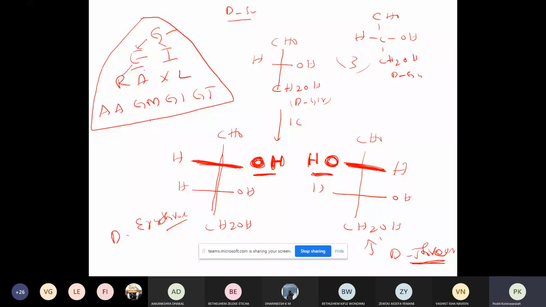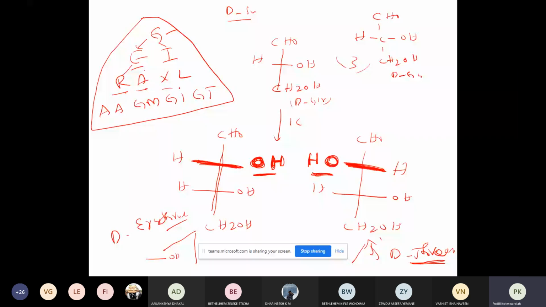From D-erythrose, when you introduce one more carbon next to the aldehyde functional group and place hydroxyl once on the right and once on the left, you get ribose and arabinose. From threose, again introducing one more carbon and positioning hydroxyl once on the right and once on the left, you get xylose and lyxose.